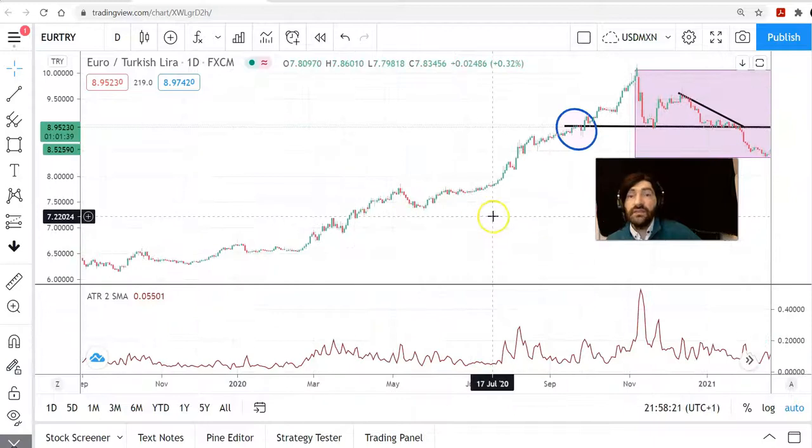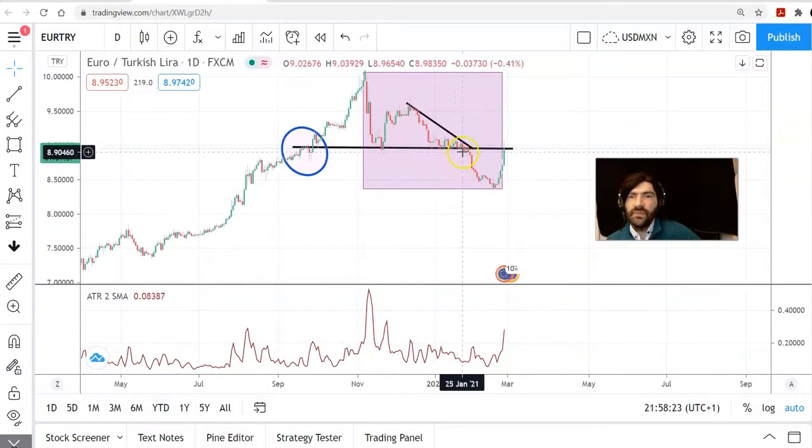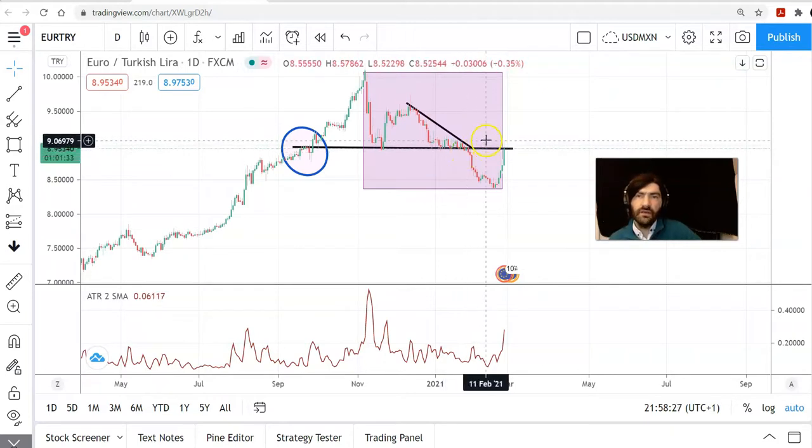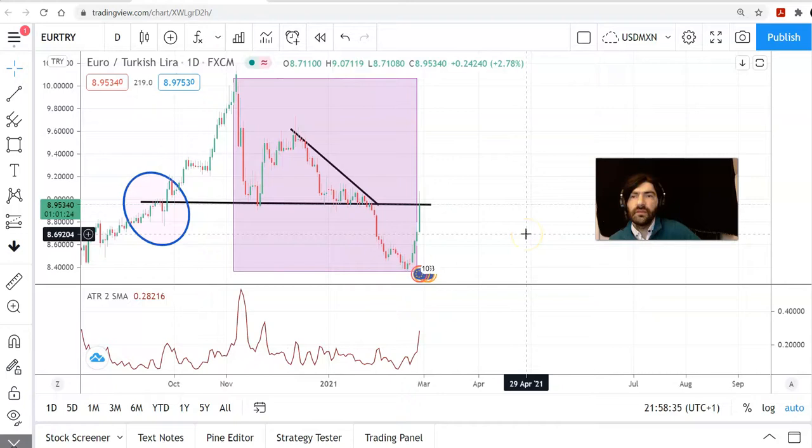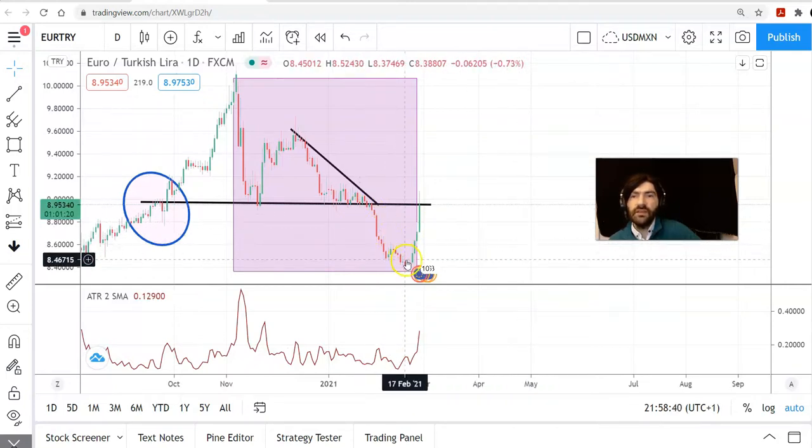Again, a descending triangle. But this time there isn't actually a move higher, so breakout to the upside. It's a breakdown to the downside, but that failed. Well, it didn't fail. It broke down and it continued for some days.